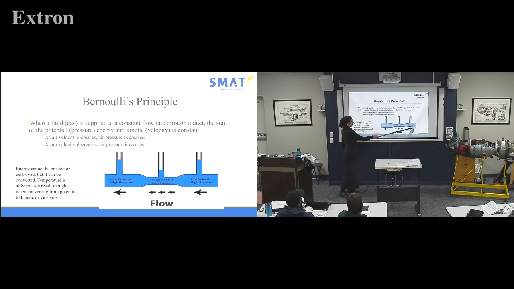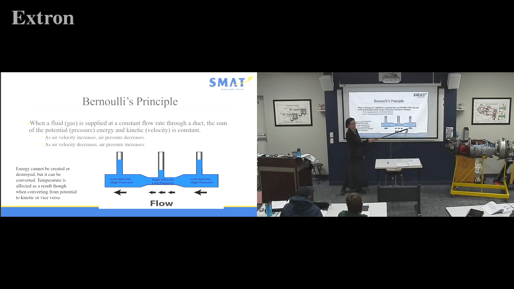So as we go through, what kind of duct is this? Converging duct. And I don't know, it's a little hard for me to see. So as it is converging, what's happening with velocity?